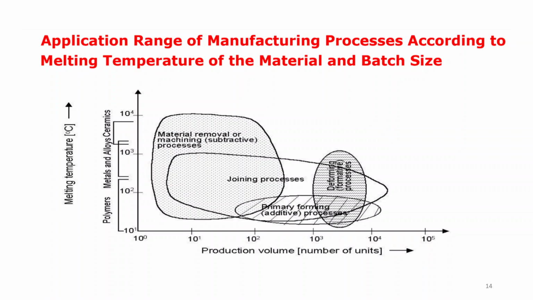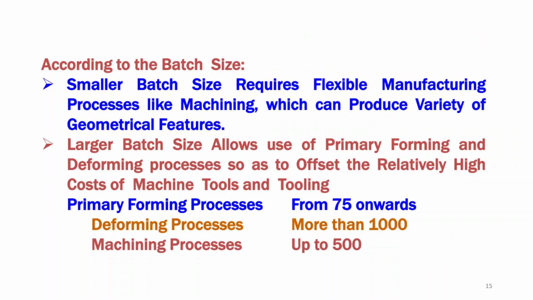Next is application range of manufacturing process. I told about this graph earlier as well. Next is according to batch size. If you have smaller batch size, then you choose a flexible manufacturing process such as machining, which can produce a variety of geometrical features. Larger batch size allows use of primary forming and deforming processes to offset the relatively high cost of machine tools and tooling.